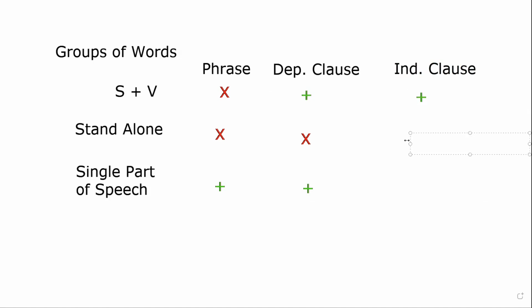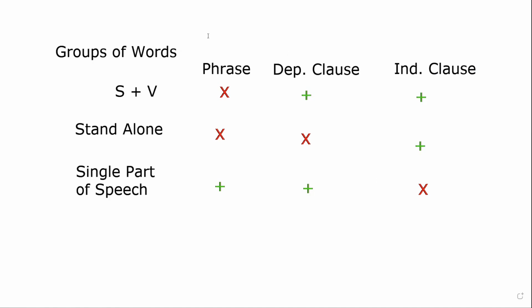Yes, it does. Does it act as a single part of speech? For now, we're going to say no. There are some instances where this is not the case, but we'll talk about those later. So this is a quick and easy chart to use when distinguishing between all three. And it's a test that you can use as well.